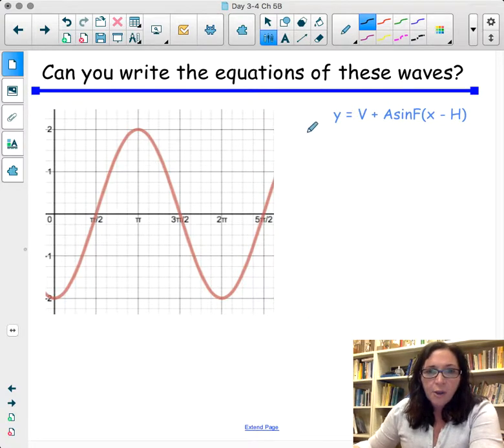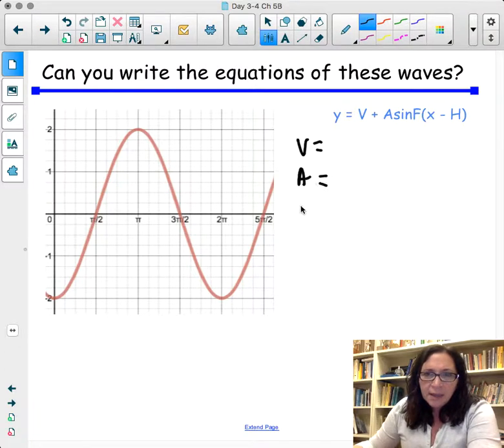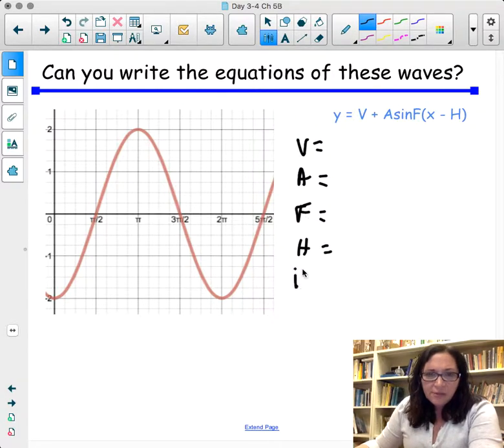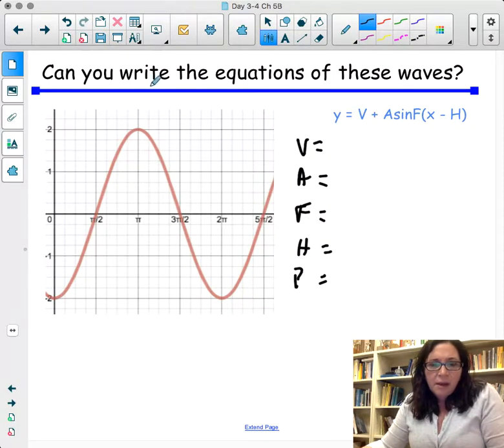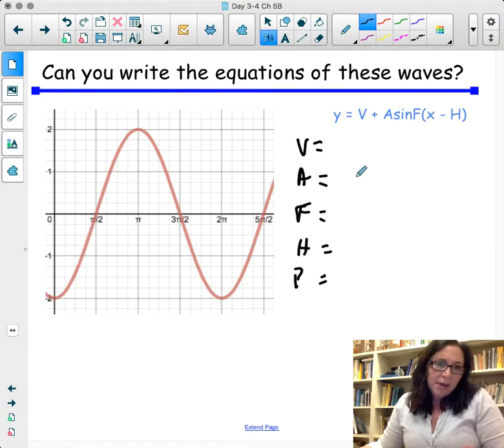Okay, so I always, every time I do these, I list my VAF. So vertical shift, V, A, F, H, and P. And so, like I said, our main objective here is to write an equation for this graph.